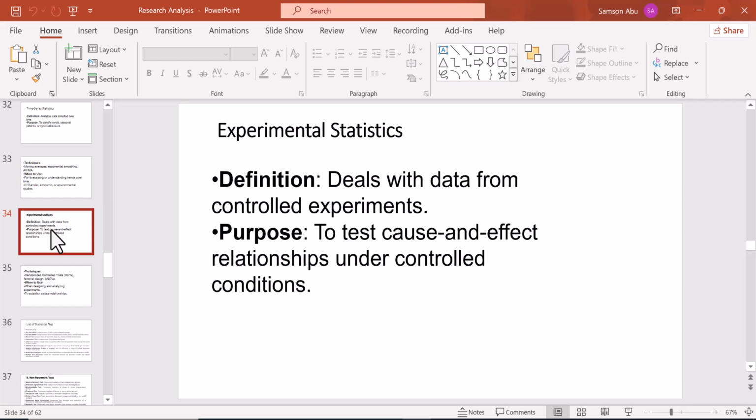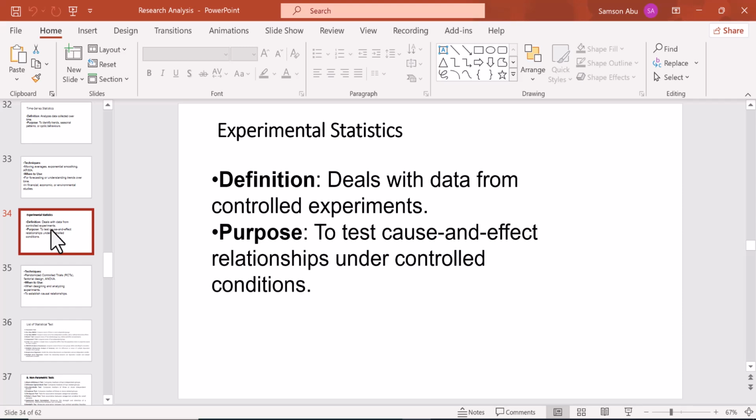Let's move on. Then we also have experimental statistics. Experimental statistics deals with data from controlled experiments. When we say control, it means the research was under a controlled environment where you have your parameters and your control variable. I moved this to my treatment group, and this is what I observed immediately I gave this.